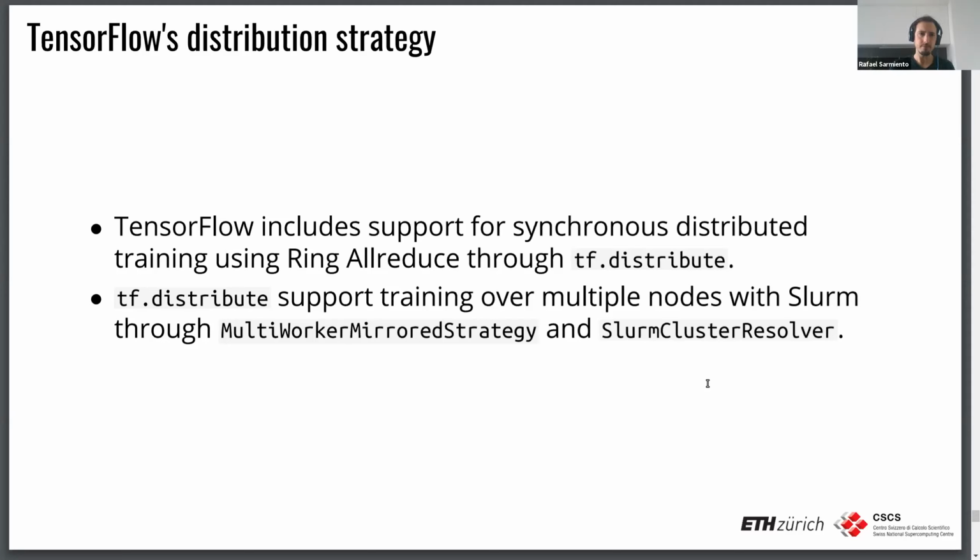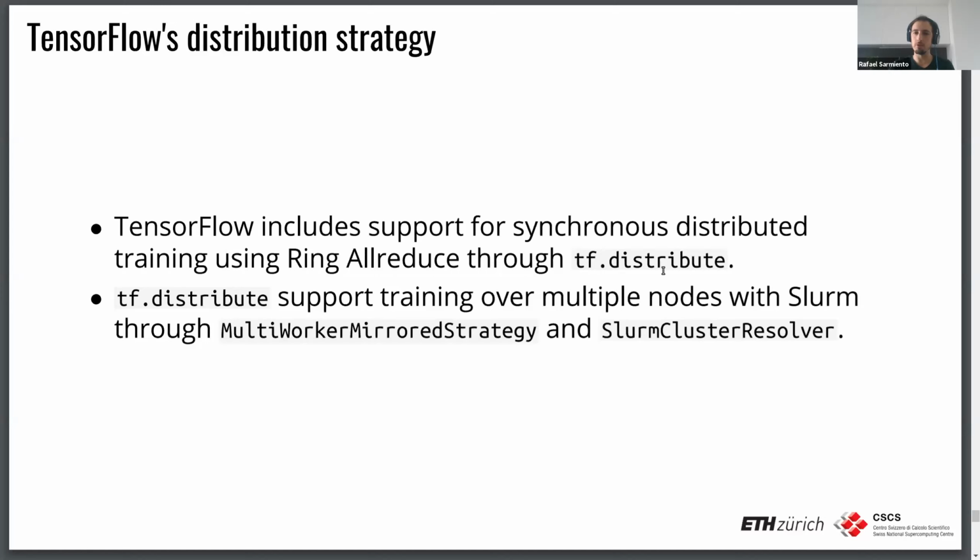Okay. So now, just a small word: the TensorFlow equivalent thing to Horovod, natively implemented, is through the module TF distributed. It's part of TensorFlow, and fortunately, I think this year they included support for computers like Piz Daint, which is a single GPU per node.